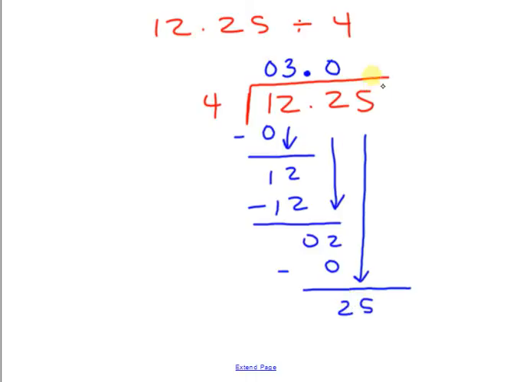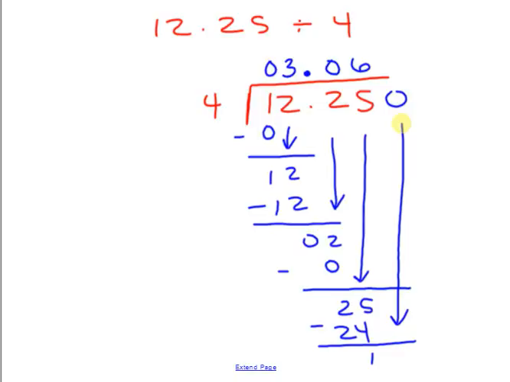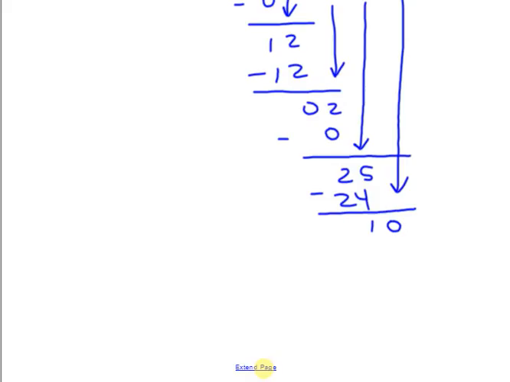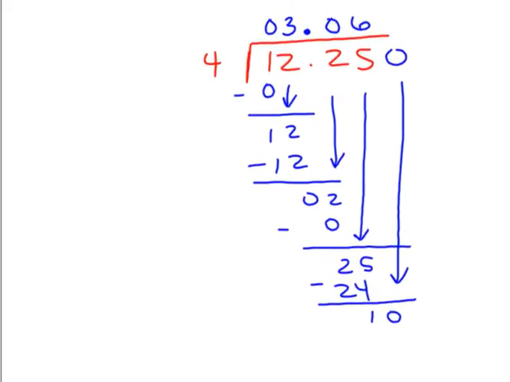4 goes into 25 6 times. 6 times 4 is 24. Subtract. 25 minus 24 is 1. I have nothing left to bring down, so I add a 0 and I bring it down. Okay, 4 goes into 10 2 times. 2 times 4 is 8.